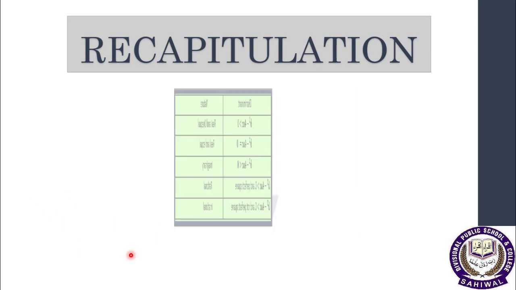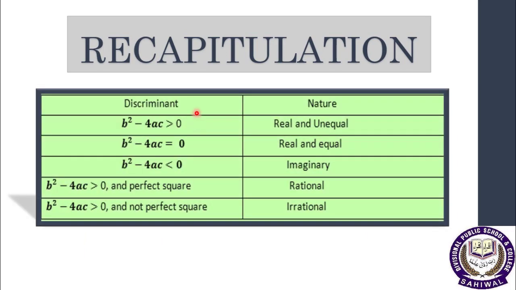Here we use the discriminant to find the nature of the roots. If b square minus 4ac is greater than 0, it means the discriminant is a positive number, then the roots are real and unequal. Real numbers comprise two types, rational and irrational, so we have two cases here.